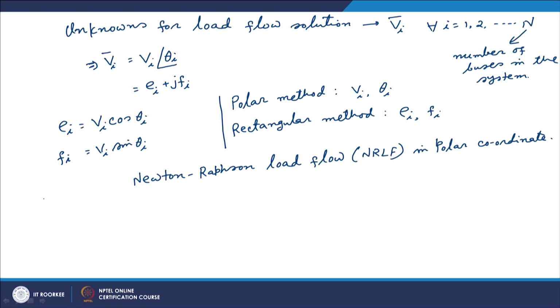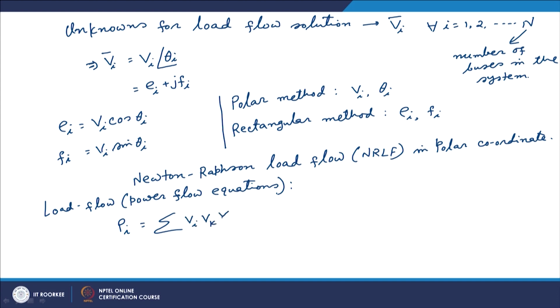Now, we know that our load flow equations, or rather power flow equations, we also call load flow or power flow equations, are P I equal to sum of V I V k Y I k cosine of theta I minus theta k minus alpha I k, where k is equal to 1 to n, and Q I is equal to sum of V I V k Y I k sin of theta I minus theta k minus alpha I k, k is equal to 1 to n.